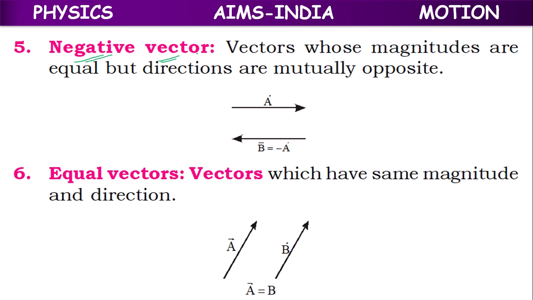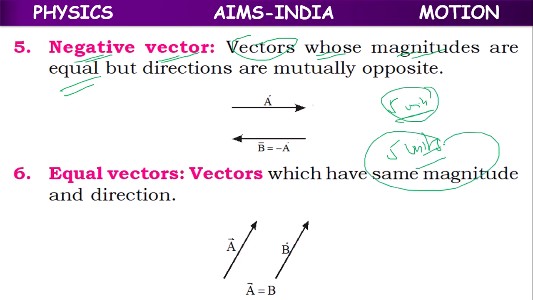Next, negative vectors means vectors whose magnitudes are equal. If the first vector has 5 units length, and the second vector also has 5 units length, their lengths are the same, their magnitudes are the same. So they are called equal vectors.